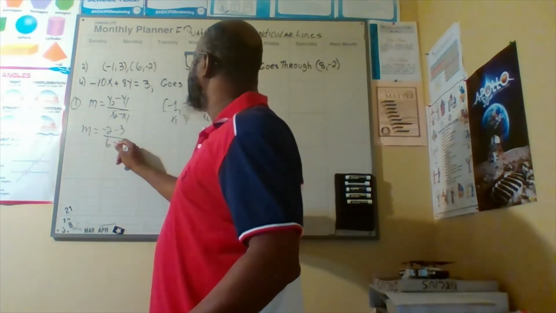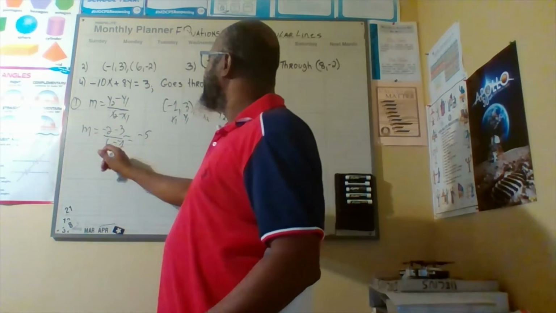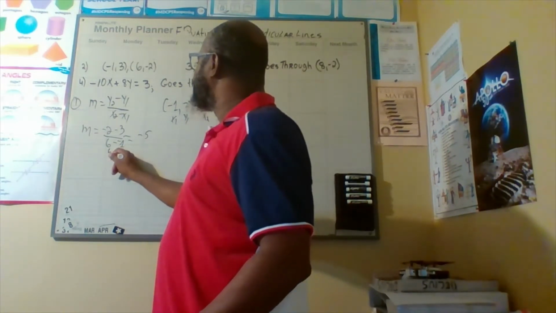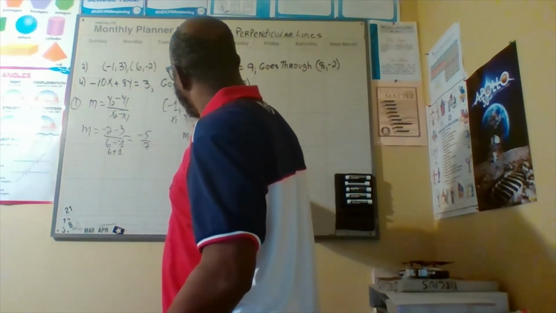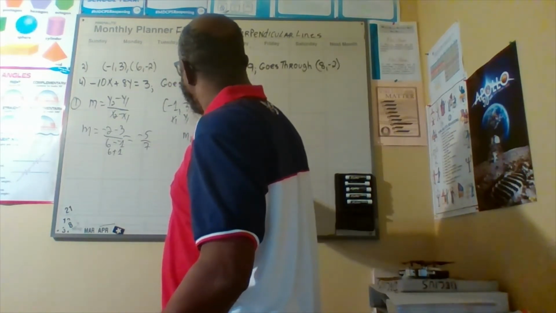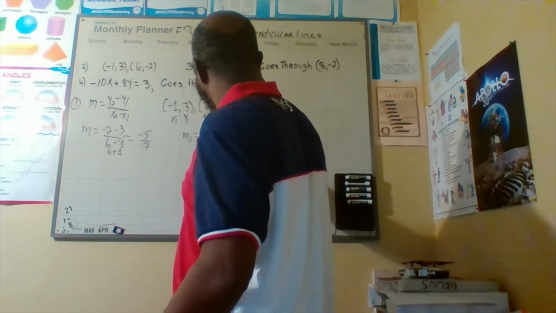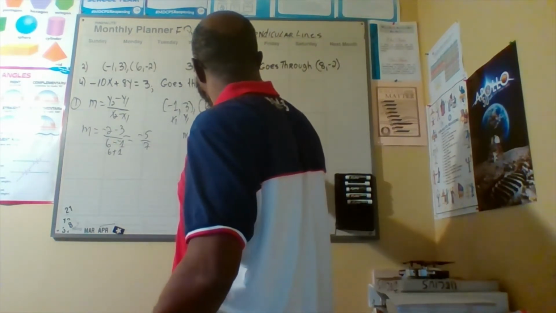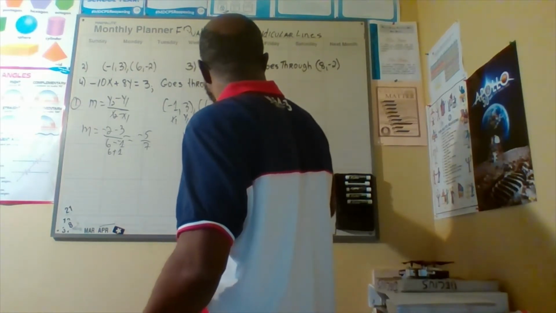And I will have negative 5 over 6 plus 1. 6 plus 1 is 7. So my slope is negative 5/7. This is the parallel slope. This is the slope I must use to write my equation that is parallel.